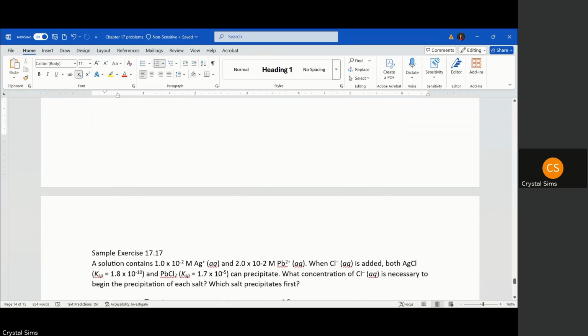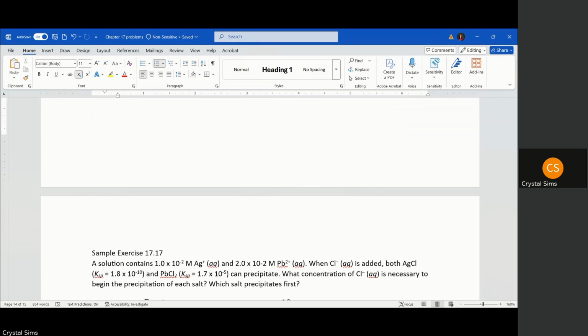Our last problem that we're going to look at in chapter 17 tells us that we have a solution that contains some silver ions and some lead ions, and we're going to add chloride ions to that. And when we do that, both AgCl and PbCl2 can precipitate.